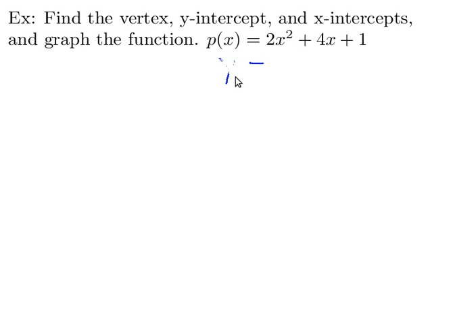So the first thing we want to do is look at the vertex. Let's take a look first at the x-coordinate.